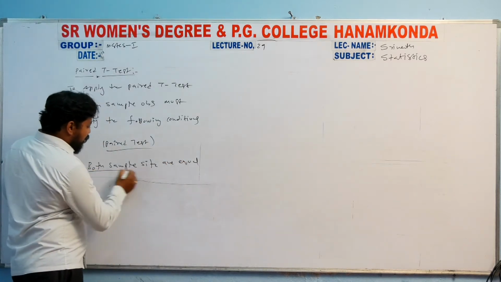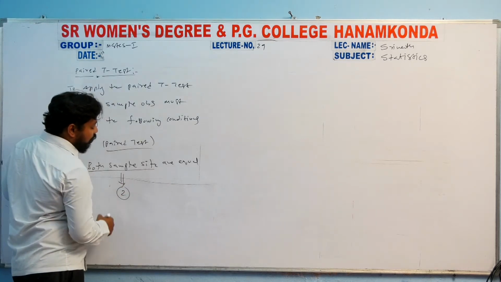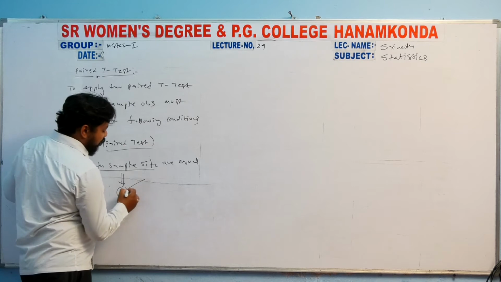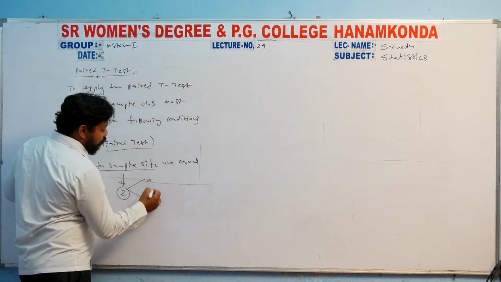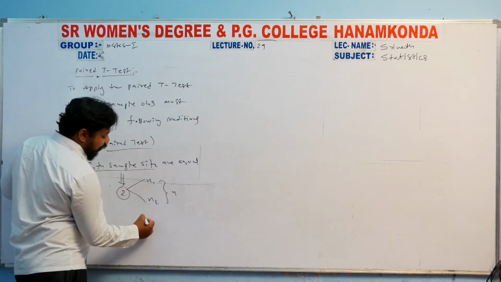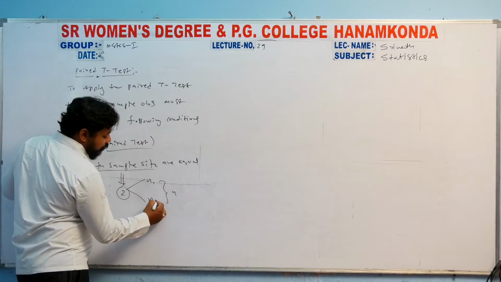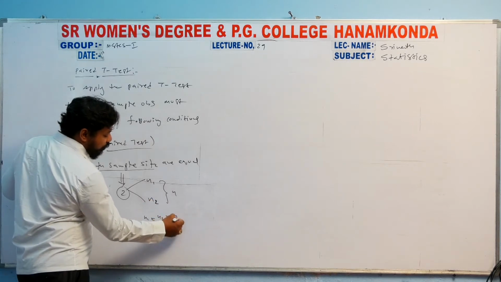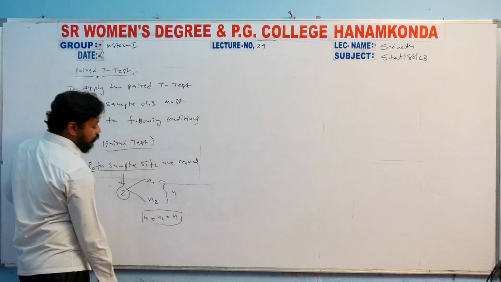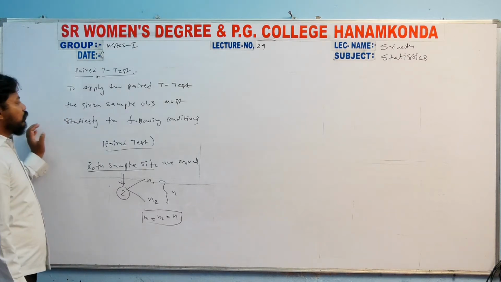Both the sample sizes, that is, the sample sizes of the two data sets, must be n1 equal to n2 equal to n. Both the sample sizes should be equal to n.